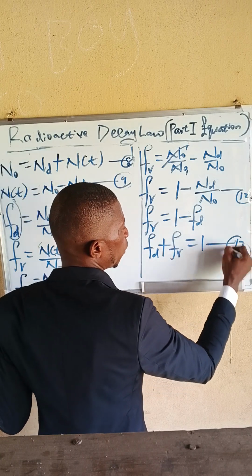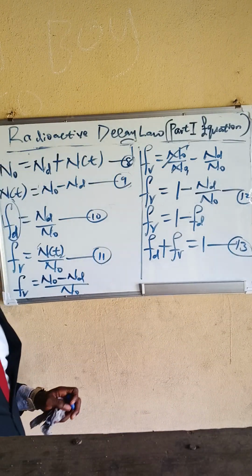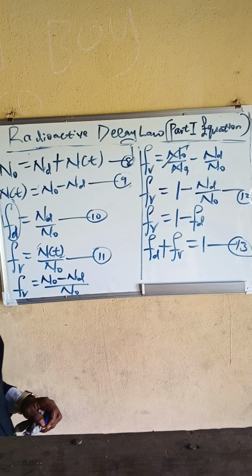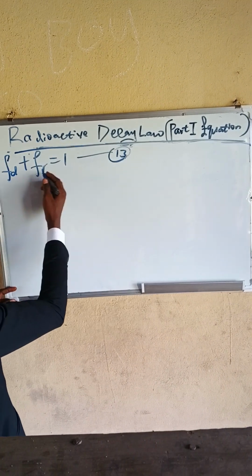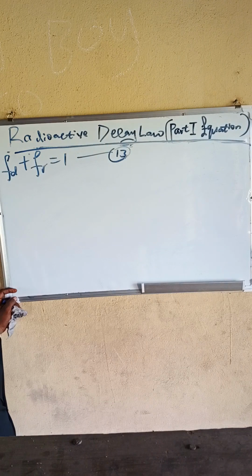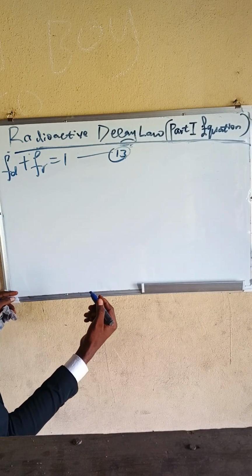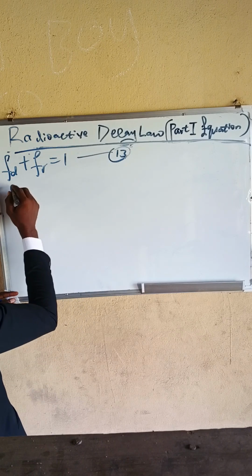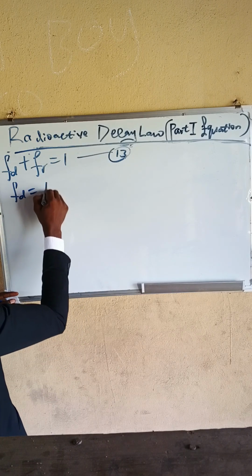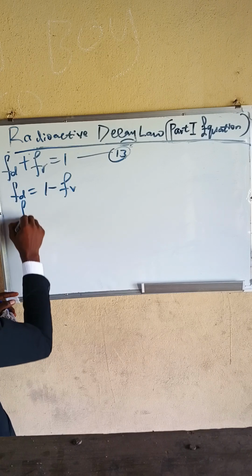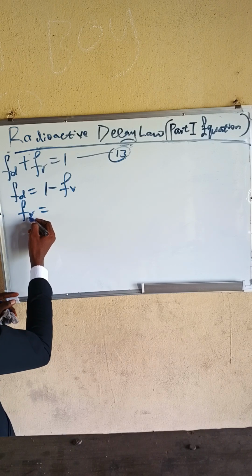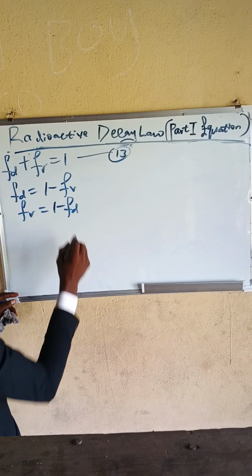This is called equation 13. This equation 13 is a very wonderful equation. If you want to make fraction decayed the subject of the formula, you're going to have fd is equal to 1 minus fraction remaining, and fraction remaining is 1 minus fraction decayed.